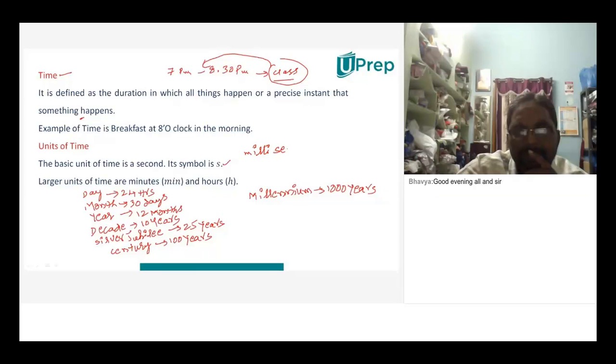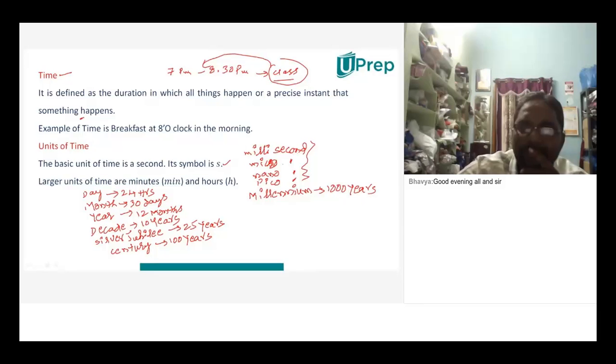Apart from that, one more unit also will be there, which is called microsecond. Nanosecond. Next, picosecond. Sir, centisecond and decasecond. So there is a centisecond also. Centisecond means 10 power minus 2.